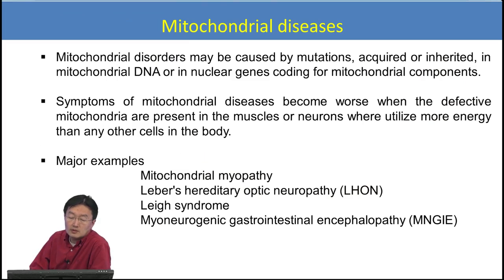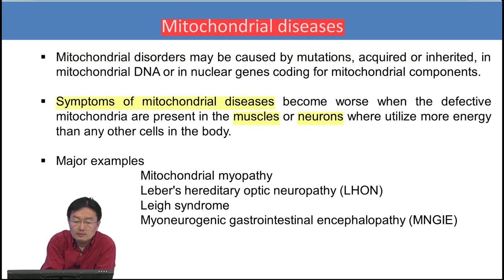Because of the importance of mitochondria in regulating bioenergetics, there are a series of human diseases based on mitochondrial mutations. These mitochondrial disorders are caused by mutations, which can be acquired spontaneously or genetically inherited.